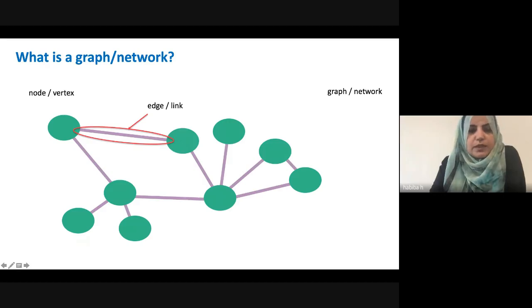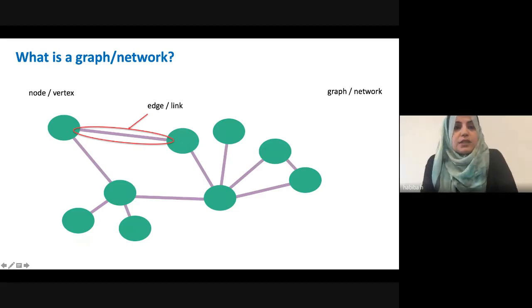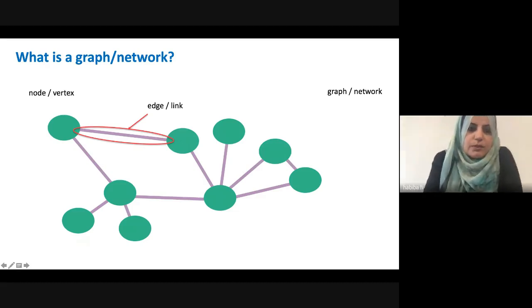So in a social network like Facebook, you would call them friendship links, or an edge could be just two road segments connected through a central point, etc. Similarly, graphs and networks are interchangeable terms, and I probably will be switching between one or the other. So just don't get confused; they mean the same thing.